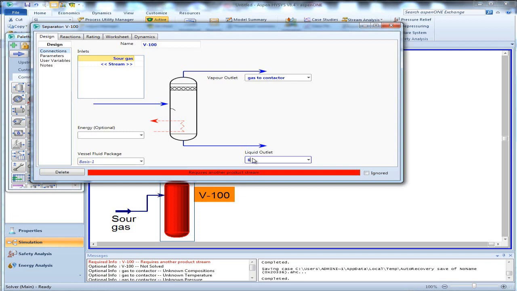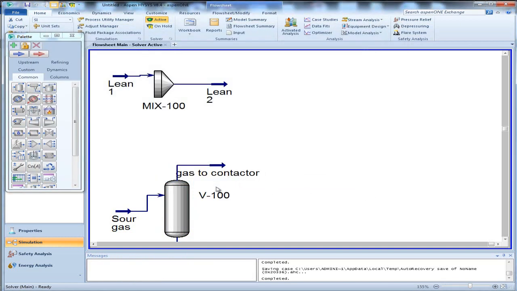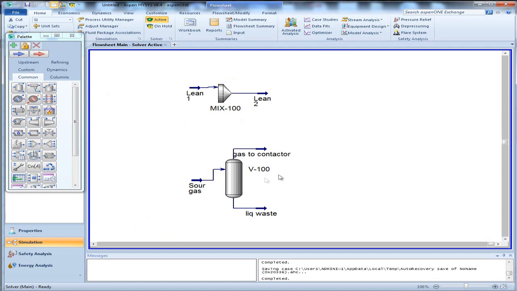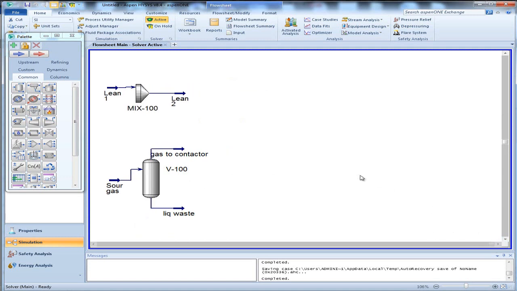This one as a liquid we put as a liquid waste. From here, it is for sure that only gas will go to the contactor now. So I put a mixing unit, just to prepare for the case of recycle of the diethanolamine for the recycle here.